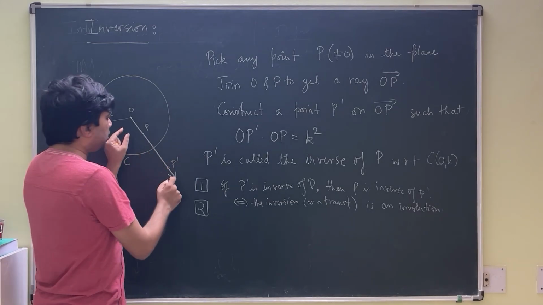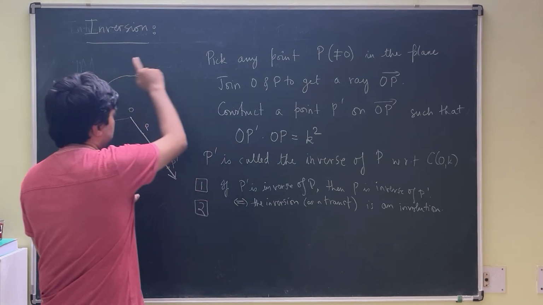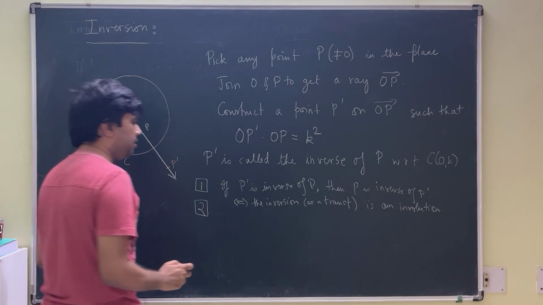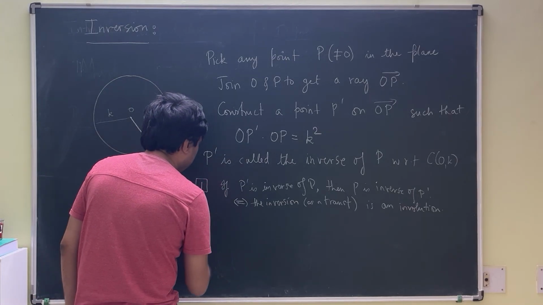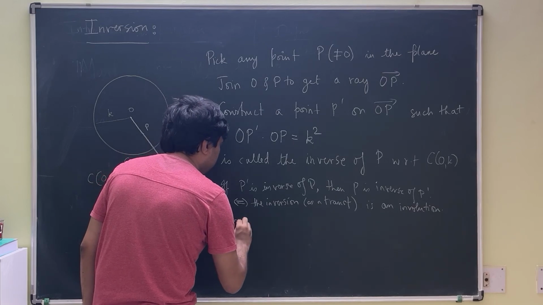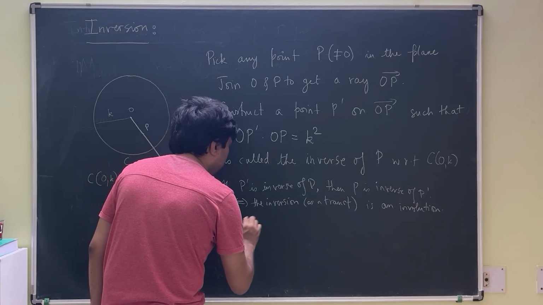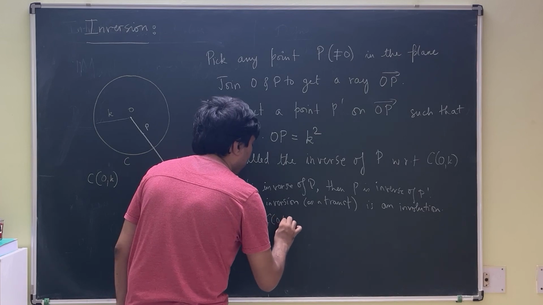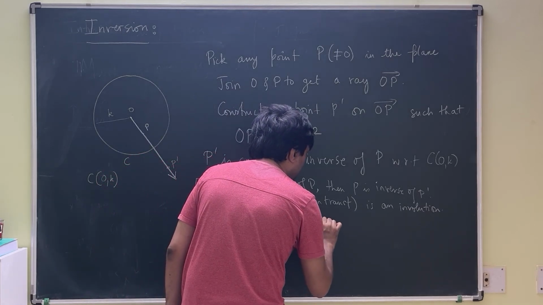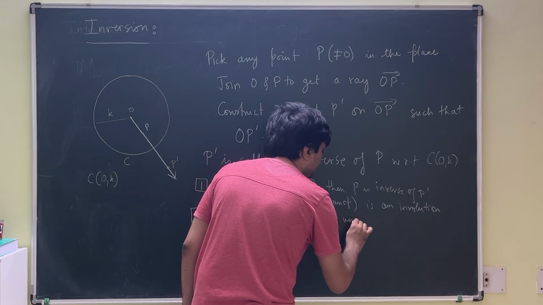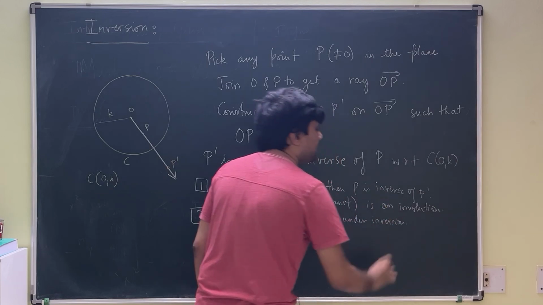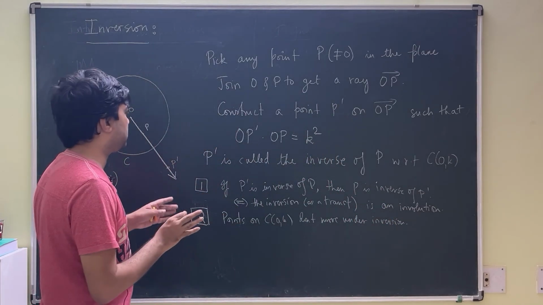So points on the circle of inversion C(O, k) don't move under inversion. They remain fixed. Basically, P dash is equal to P if P is on the circle of inversion.